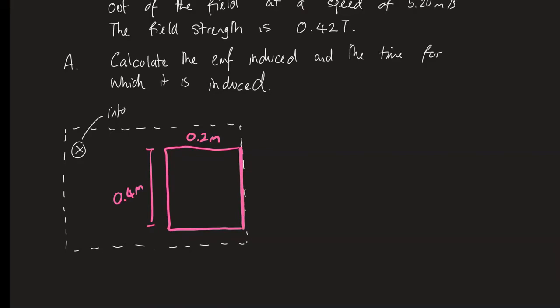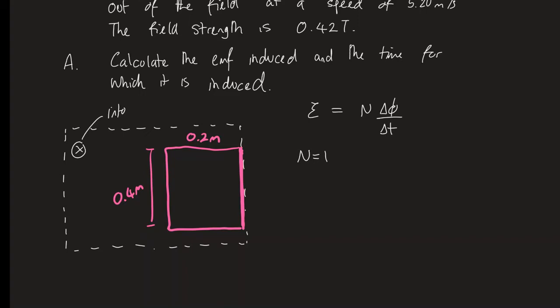And so the height of this shape should be 0.4 meters and the width should be 0.2 meters. We know from the last question that we can use this equation. So EMF is equal to the number of turns multiplied by the rate of change of flux. There's just one turn, it wasn't stated, so we'll just say it's just a loop, it's not a coil.